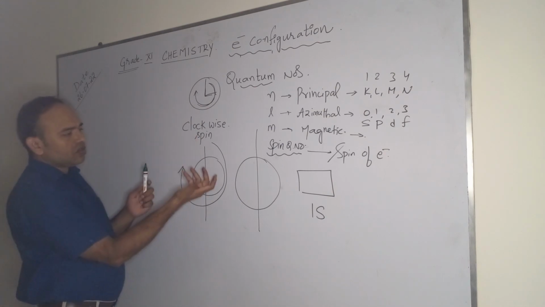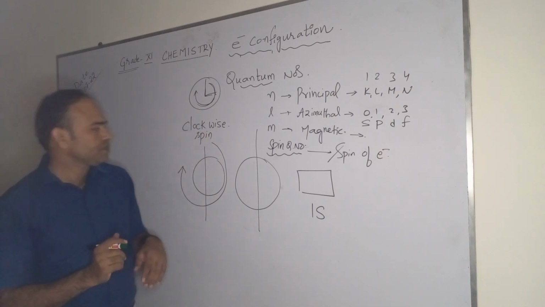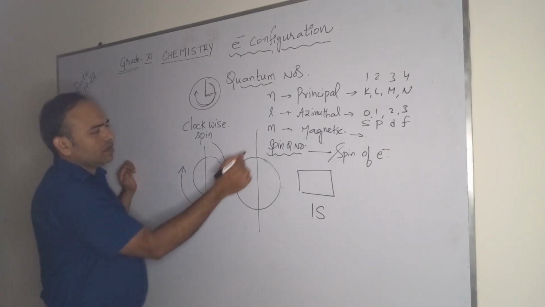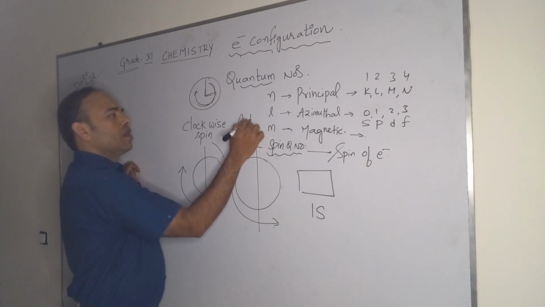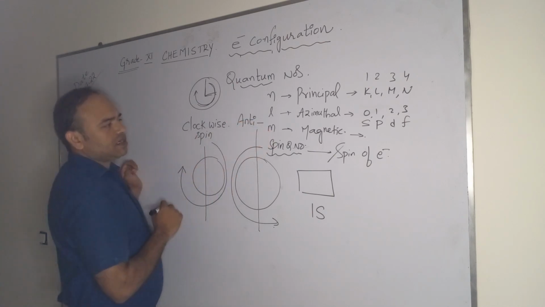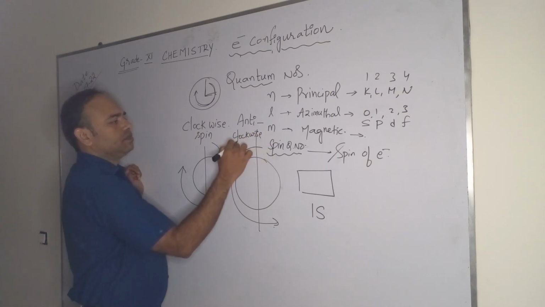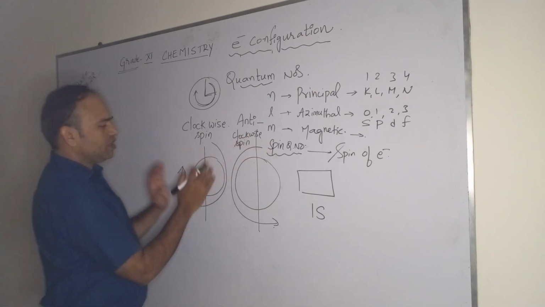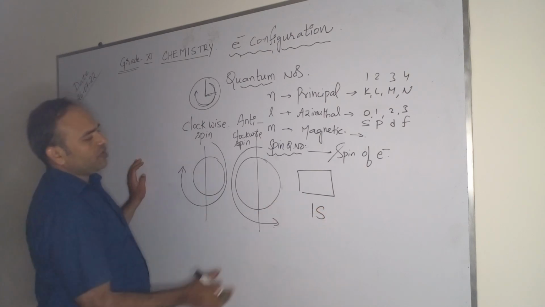Same thing, the electron also will spin in the clockwise direction, and the other one will spin in the anti-clockwise direction, or you call it anti-clockwise spin, opposite to this. In the same orbital, that is 1s, we have 2 electrons.